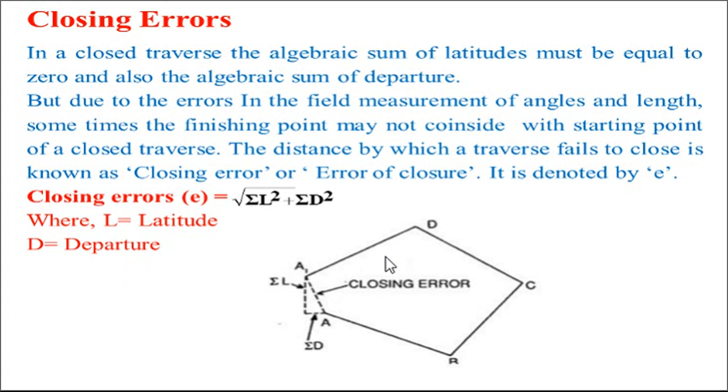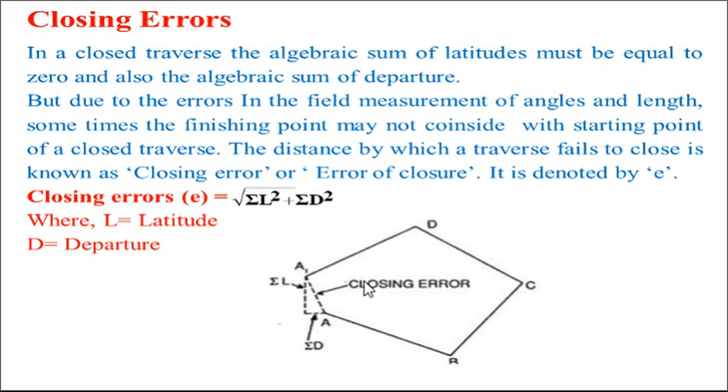Now see, this is the traverse A, B, C, D and again A dash. Sometimes we measure the bearing and length of line AB, of line BC, of line CD, and of line DA.